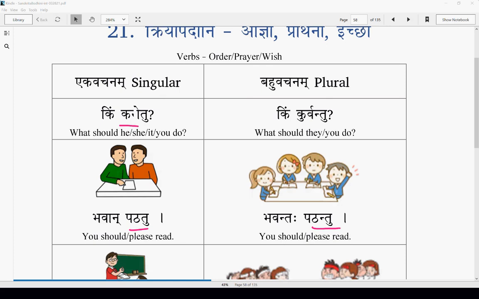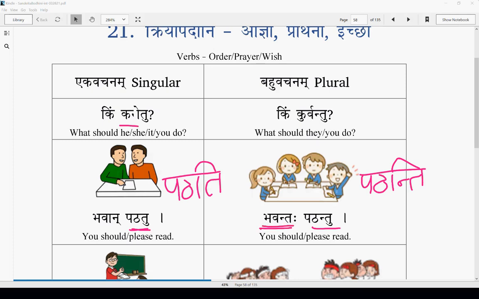Like in Vartamana Kala, what we had was pathati. And in Vartamana Kala Bahuvachanam, what we had was pathanti. Right. So in Ekavachanam, in Lot Lakara, it becomes pathatu. We are asking you to read, or someone is asking you to read, bhavan pathatu.